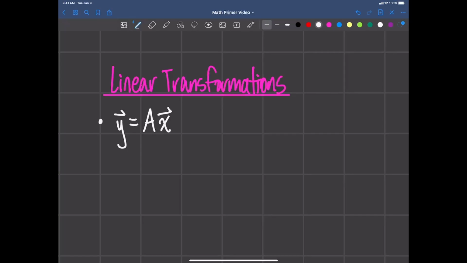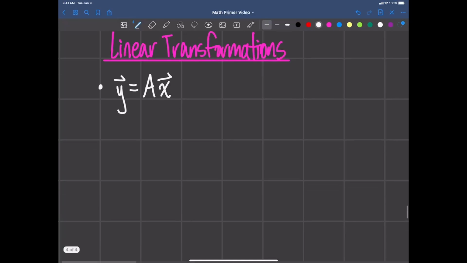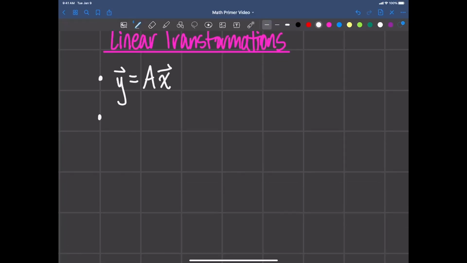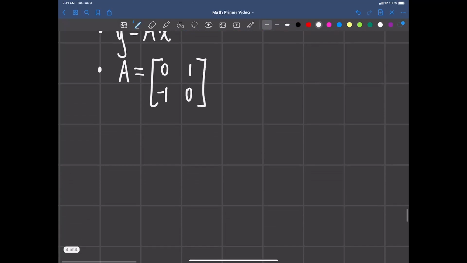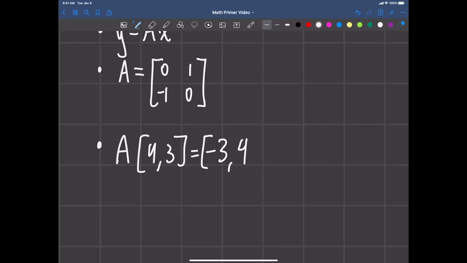All matrices are linear transformations, but not all linear transformations are matrices. Consider A is equal to 0, negative 1, 1, 0. When multiplied with 4, 3, we get negative 3, 4.